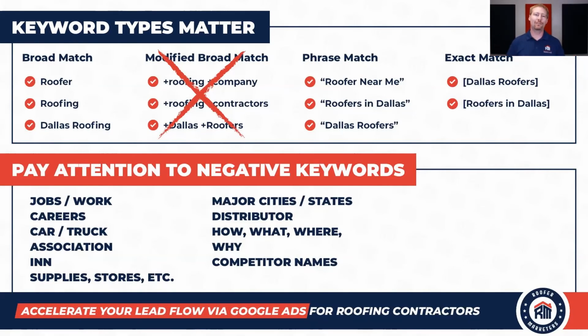But you and I know there's always someone else, right? There's always another company. So on an ongoing basis, if you see yourself getting an impression for another company's name, you just negative keyword that out. So that was pretty detailed, but let's move on.